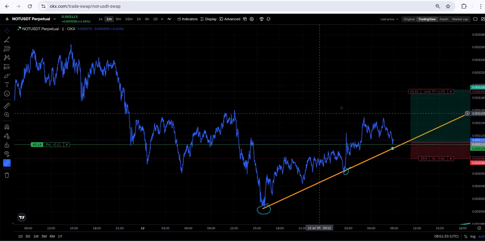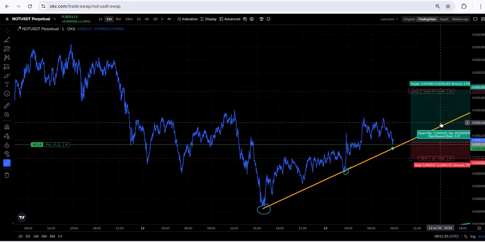With this risk reward ratio, guys, I don't need to have even a 50% win rate in my methodology. For example, if I have even a 20% win rate, if I take 100 trades, 20 trades are going to be winners, and the other 80 are going to be losers.